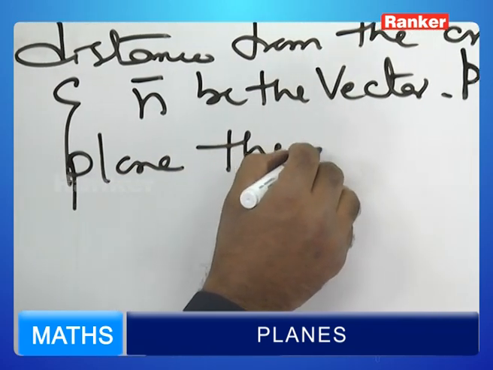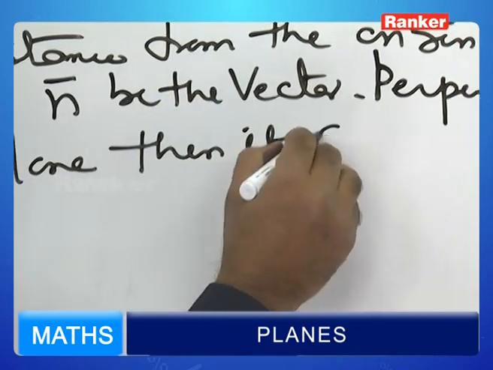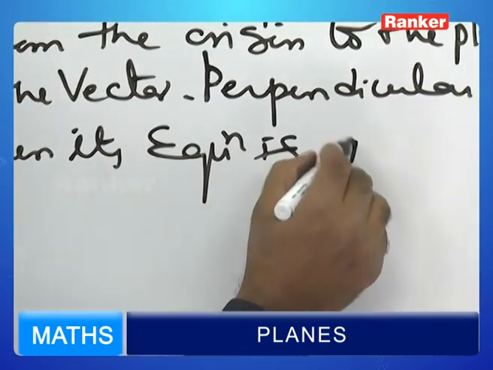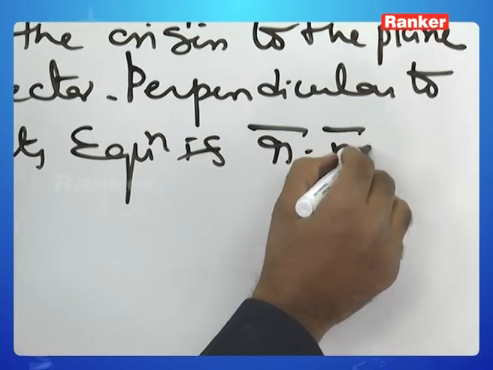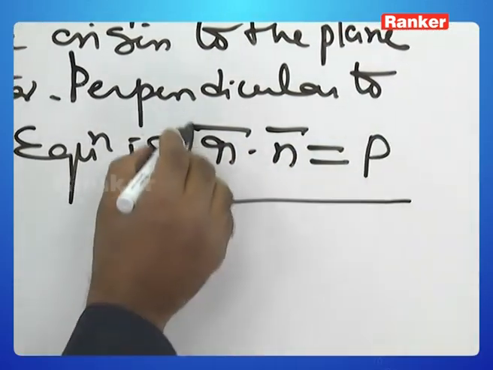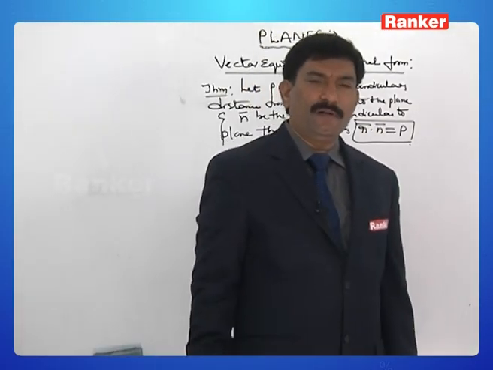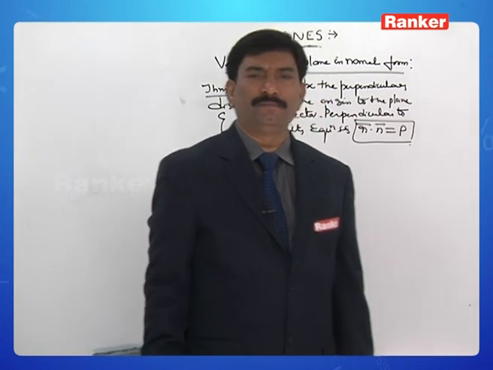Then its equation is r bar dot n bar is equal to p. R bar dot n bar is equal to p.